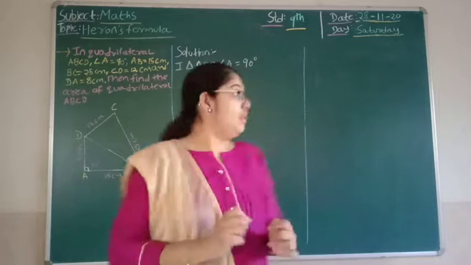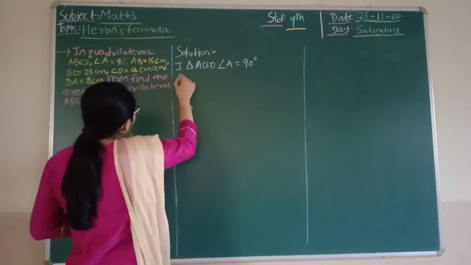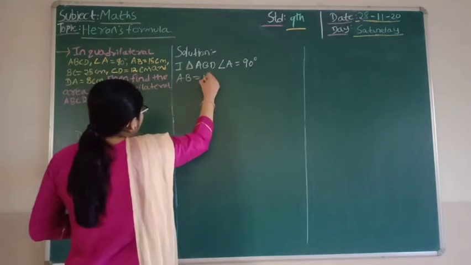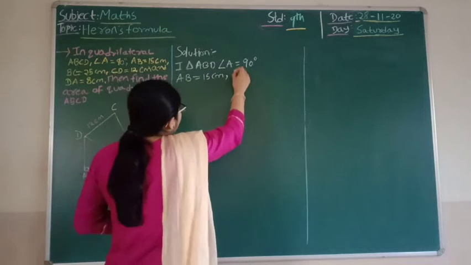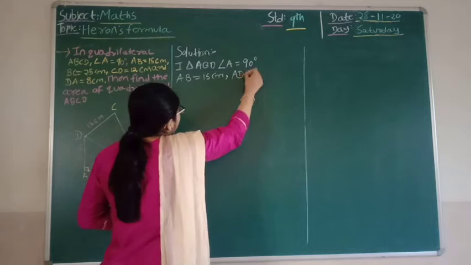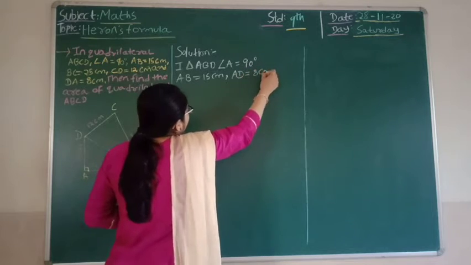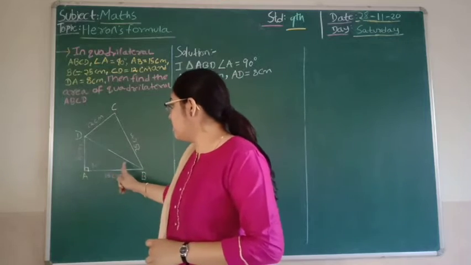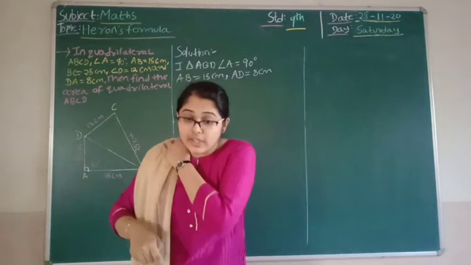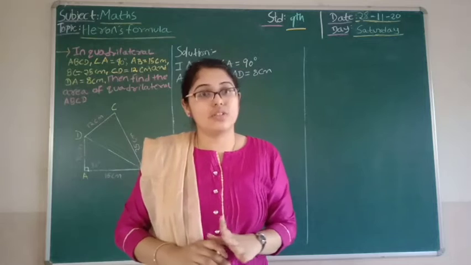So I am writing here AB is 15 centimeter, AD is 8 centimeter. First, in this triangle, we need the third side, that is BD. For that we will apply the Pythagoras theorem.